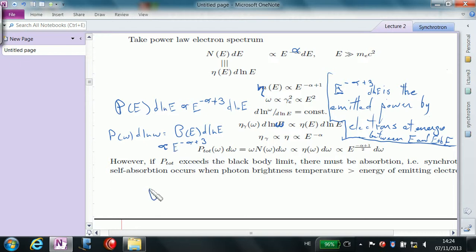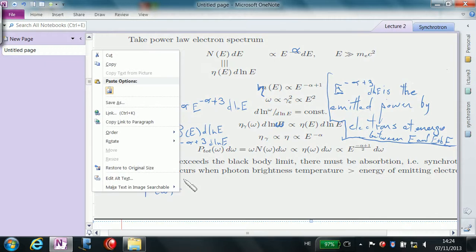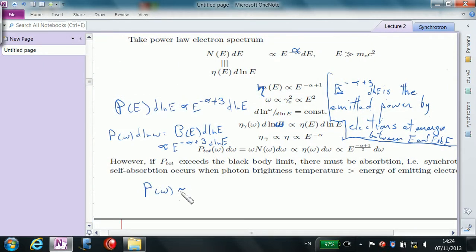So, d log E. Just a second. Okay. So P of omega, e to the 3 minus alpha is equal to constant.